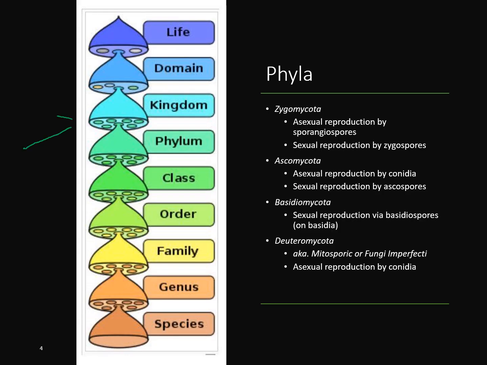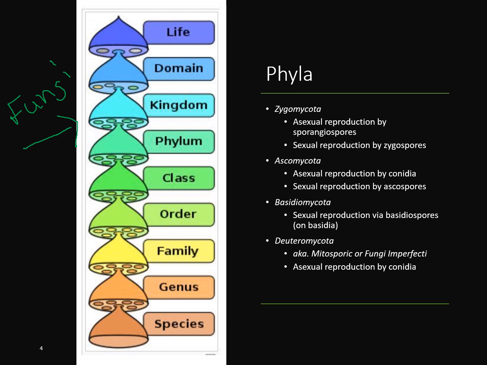Now, within the kingdom of fungi, which is what we're talking about, the phylum is divided up into Zygomycota, Ascomycota, Basidiomycota, and Deuteromycota. Each of these are based on their reproduction, whether it's asexual or sexual.